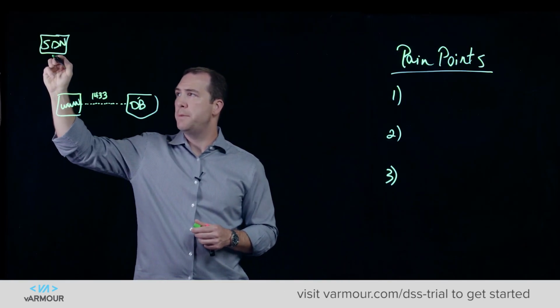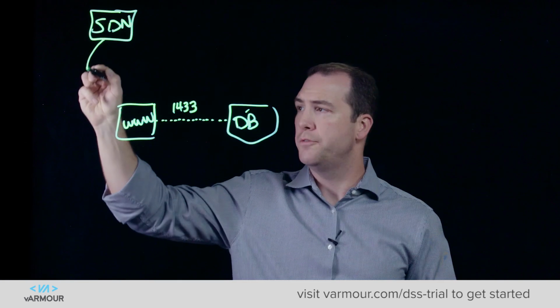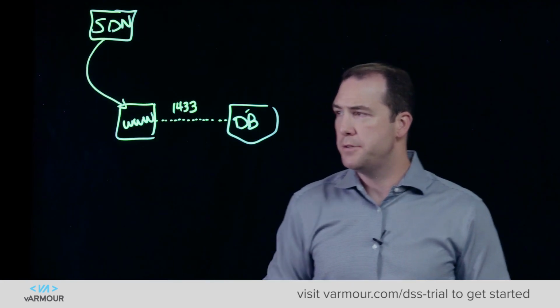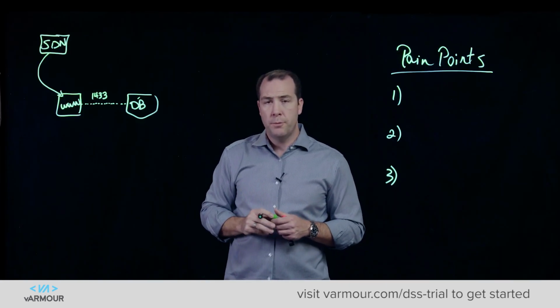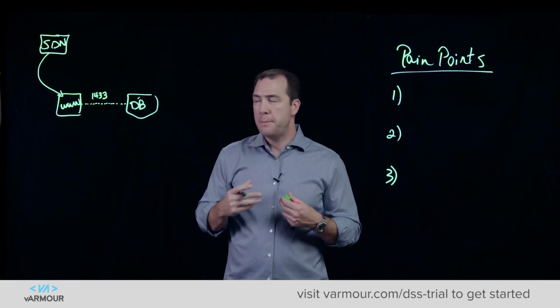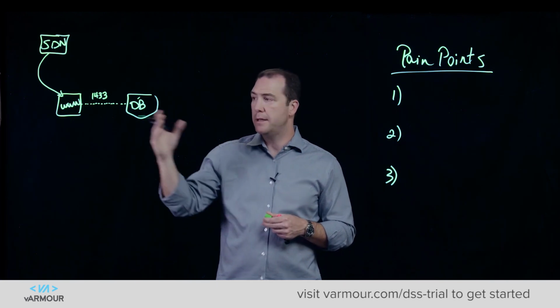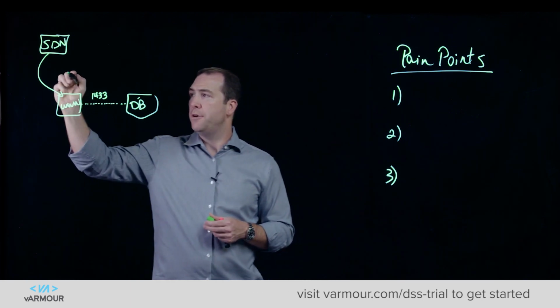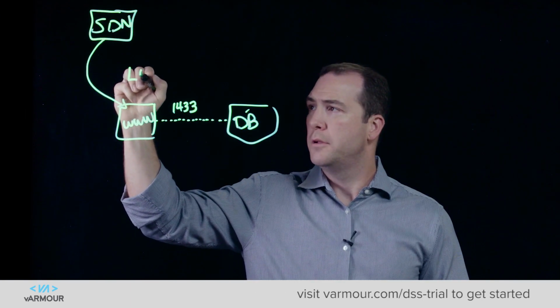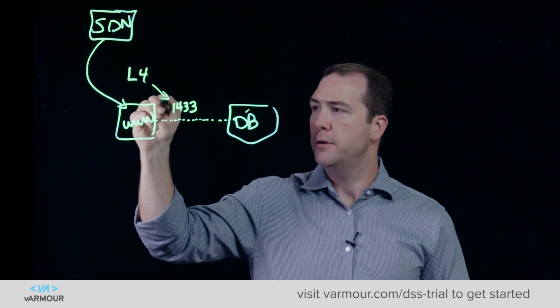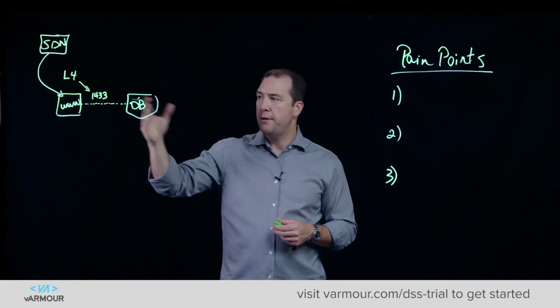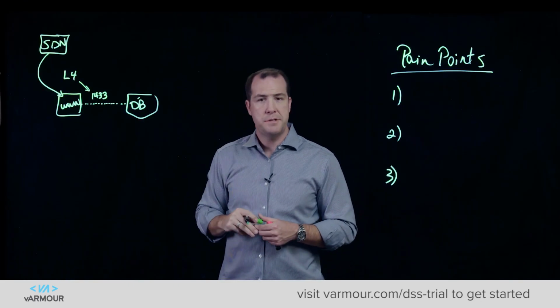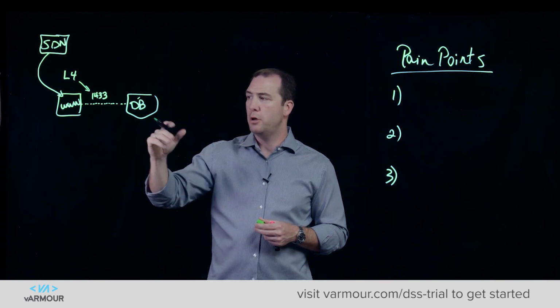Well, I set up a policy in my SDN controller that allows me to define and open layer 4 ports once I've done my basic networking policy so that I can allow communication between my workloads. Now, this is a layer 4 port that gets opened for port 1433.